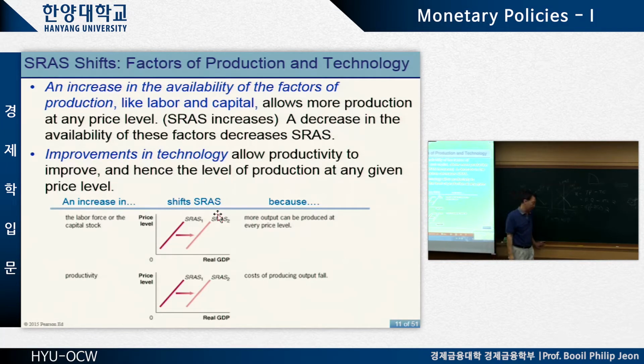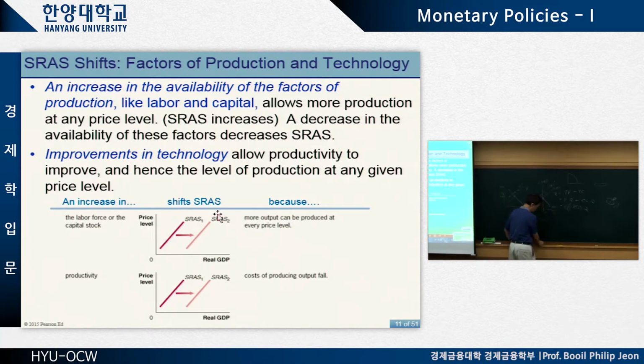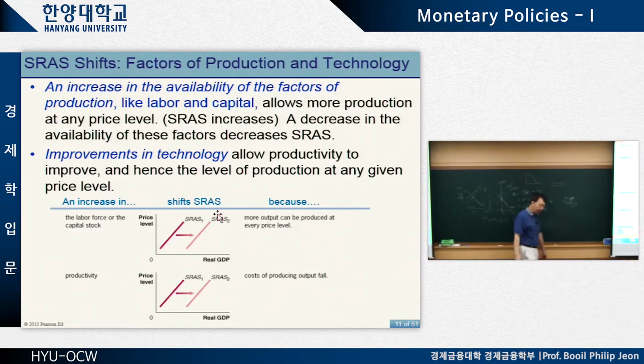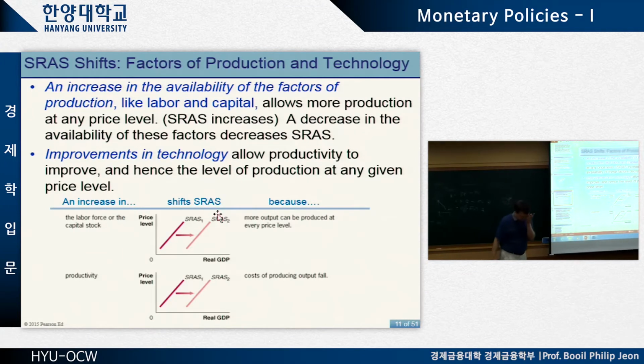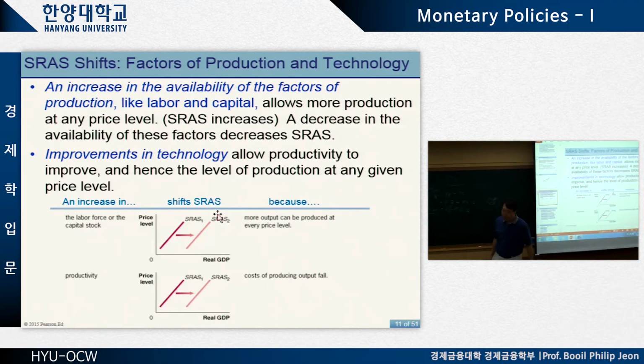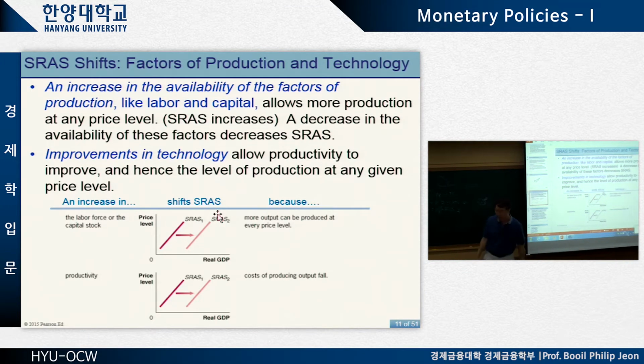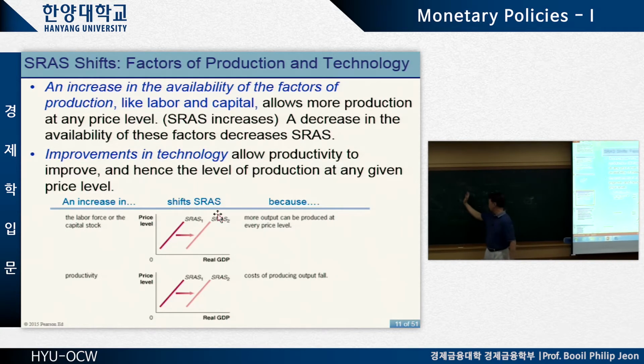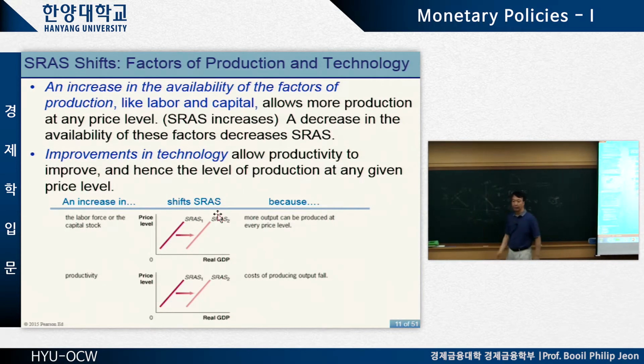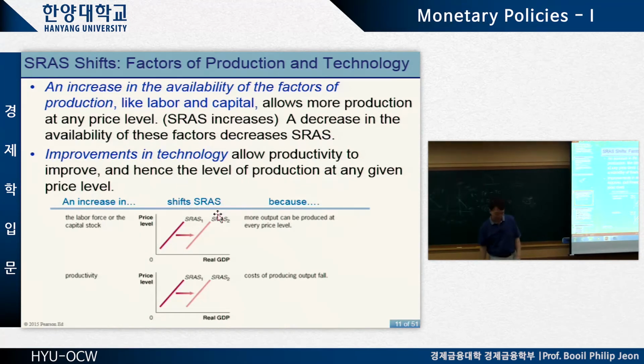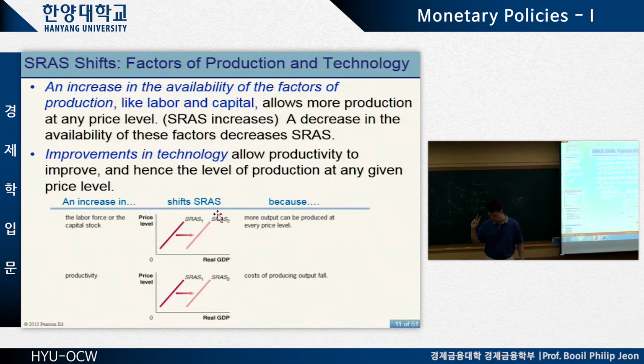That's the idea. But in the short run, depending on the amount of resources provided and the technology, the short-run aggregate supply can shift to the right or left. So basically two things: the amount of resources and productivity.